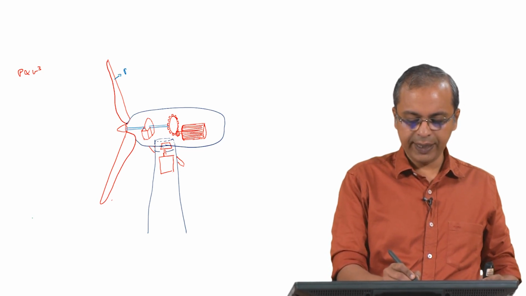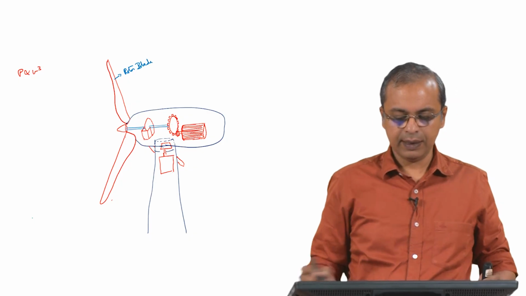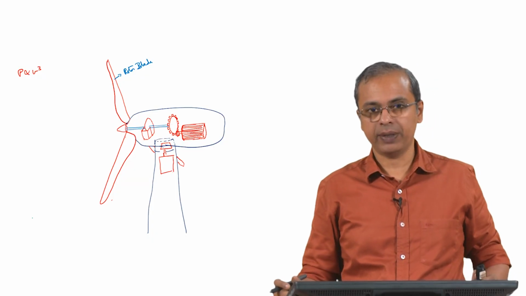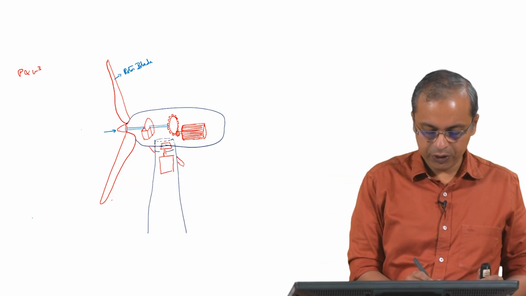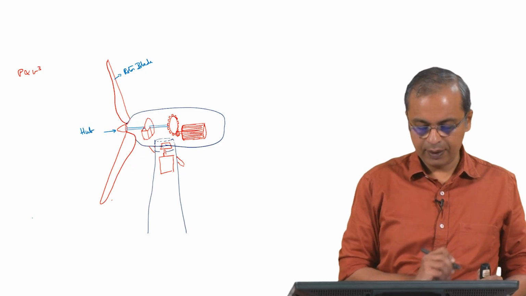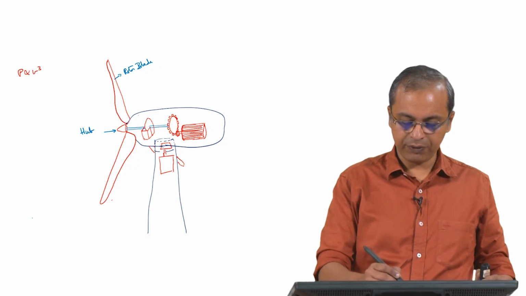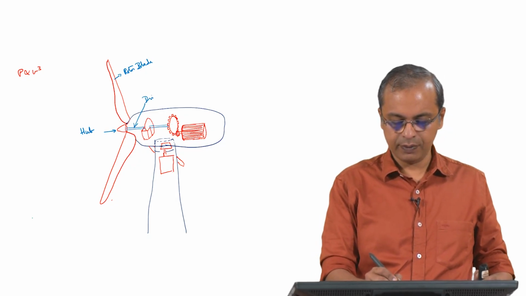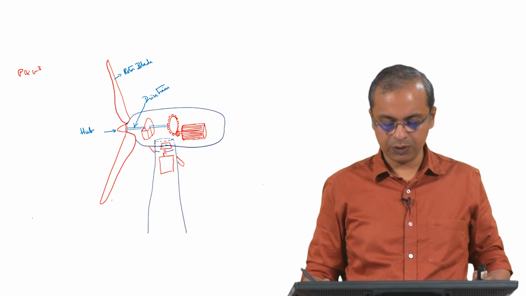So this is our rotor blade. That is the primary part of the wind turbine. That is what interacts with the wind. This central part here is referred to as the hub, and from that you have a shaft that comes through, some kind of a drive train of some sort comes through.